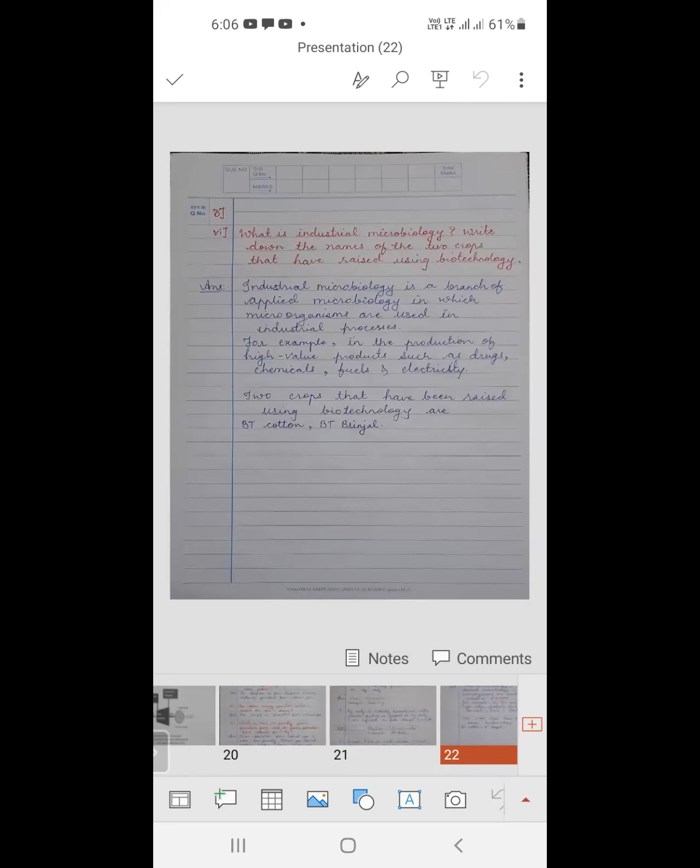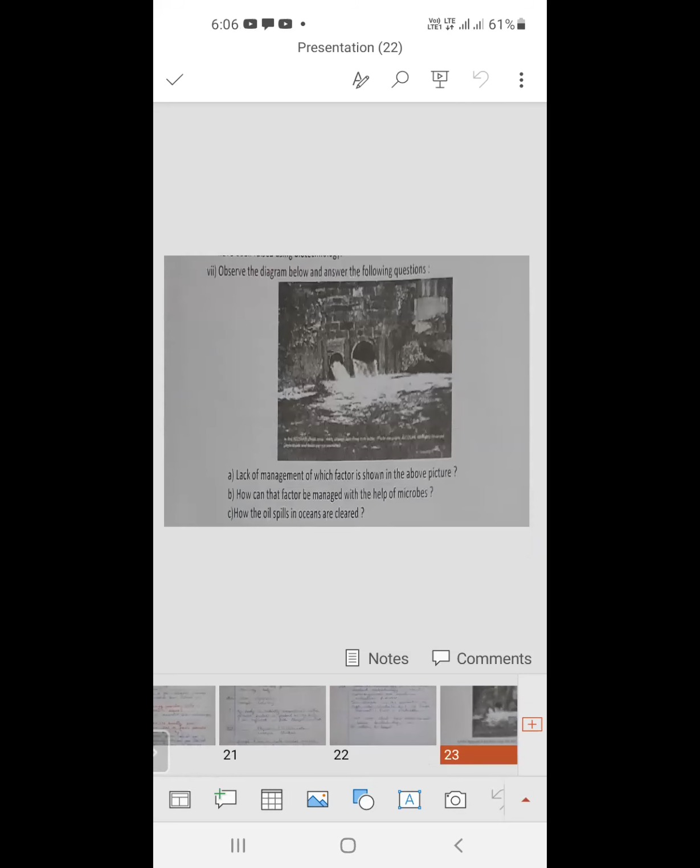Next question, the seventh one: observe the diagram below and answer the following questions. The diagram is given and the questions are below. Lack of management of which factor is shown in the above picture? If you observe the picture, it is a diagram of sewage.